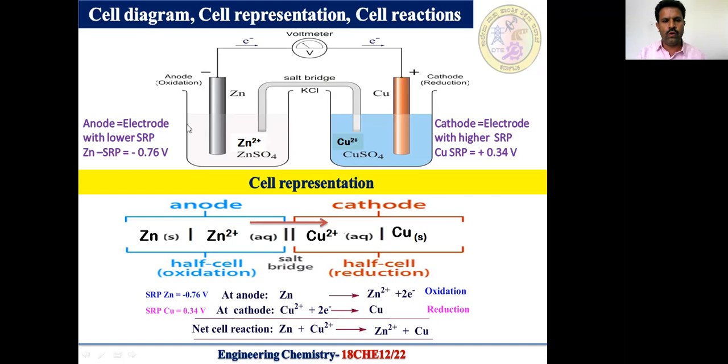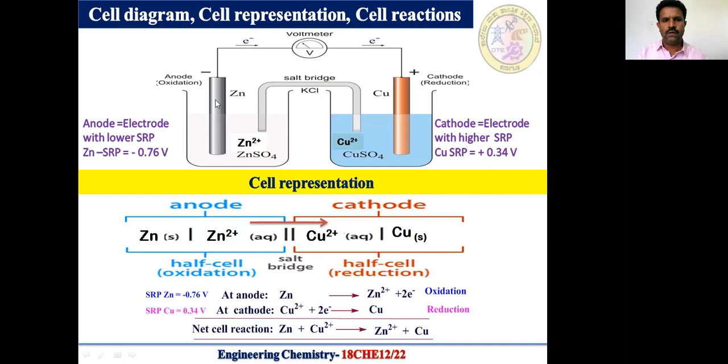At anode, oxidation reaction occurs. Hence, here zinc working as anode will undergo oxidation reaction and release electrons, and simultaneously at cathode reduction reaction takes place.